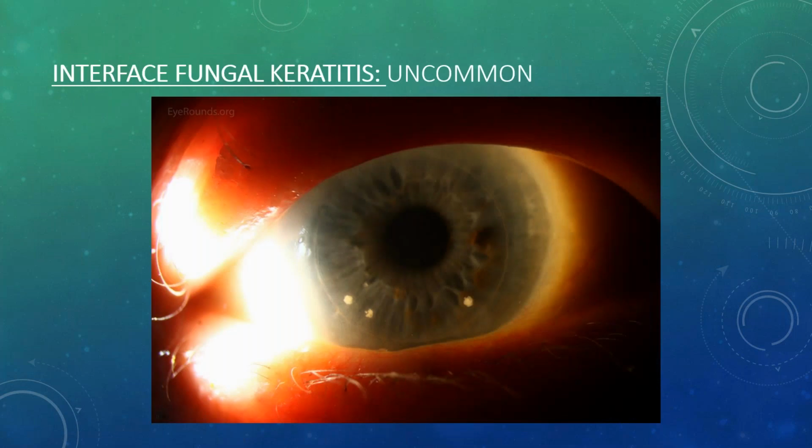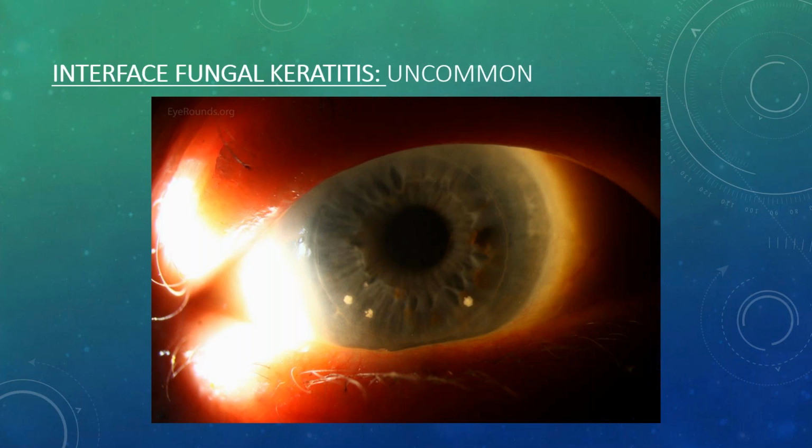Now, this is one of the scary ones. This is a patient that has a beautifully looking clear transplant, and they start to develop these little white crumb-like opacities in the interface. And in that interface, those little opacities can slowly increase in size. When you see this, it seems like not a big deal at the time because the patient's seeing great.